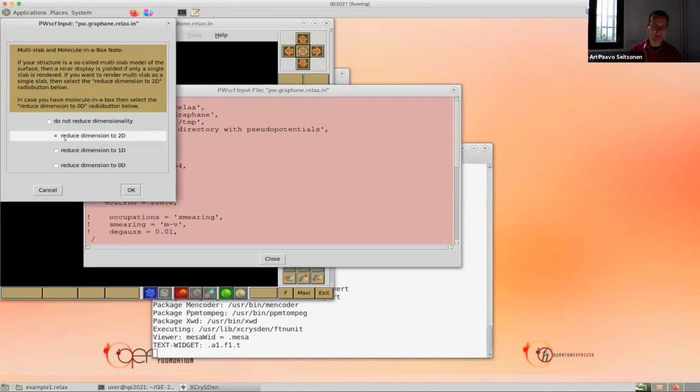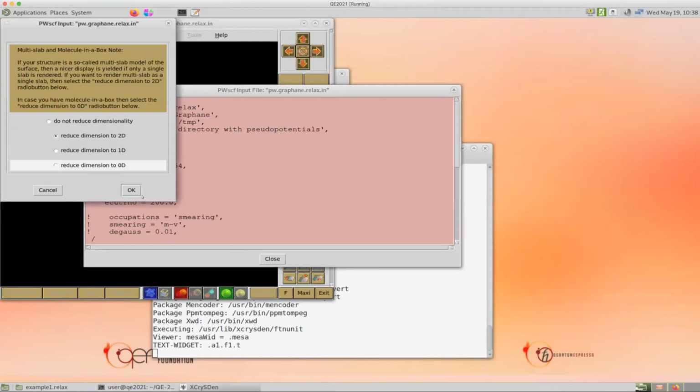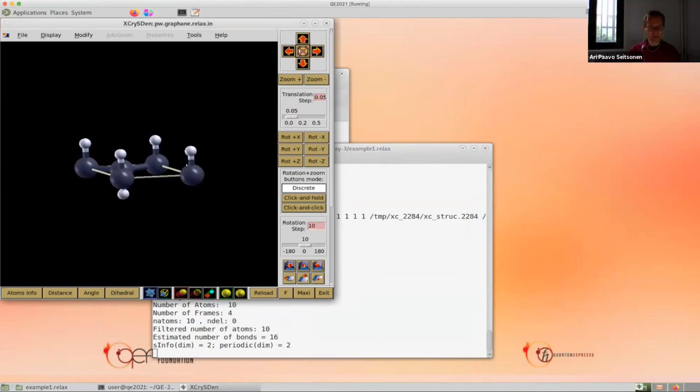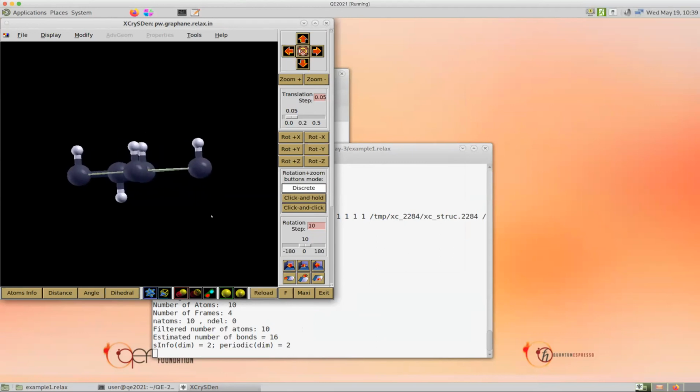So I reduced the dimension to 2D because this is a 2D system, and in the third direction, there's supposed to be enough vacuum so that these layers are isolated from each other chemically. So this is the structure.